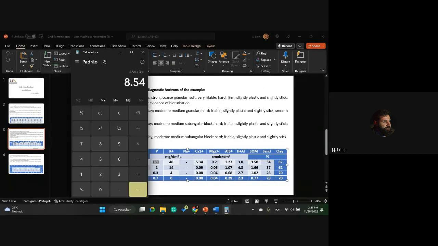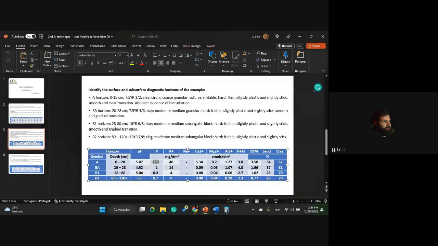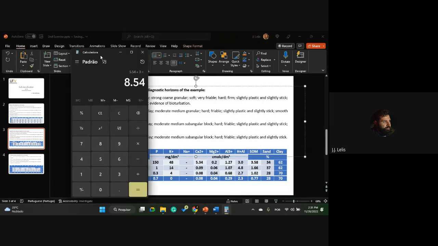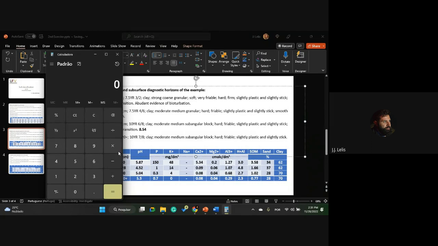So in this case, we just need to convert this data using the molar mass of potassium. Let me just type this number so I don't forget it. To convert this, I just need to divide the content of potassium by 390.